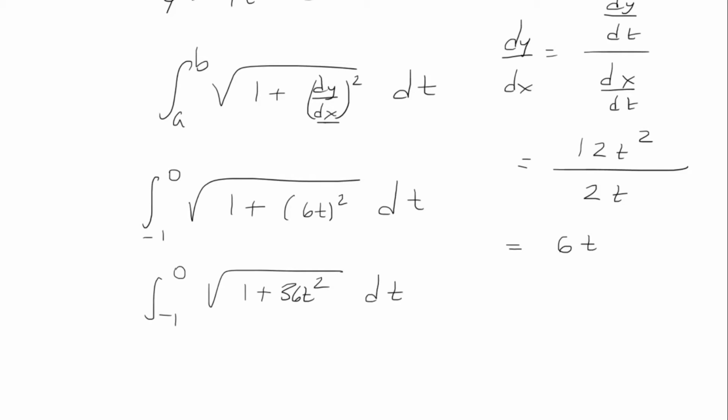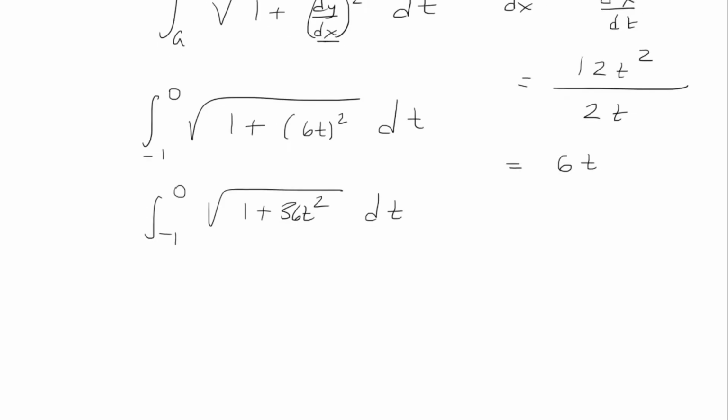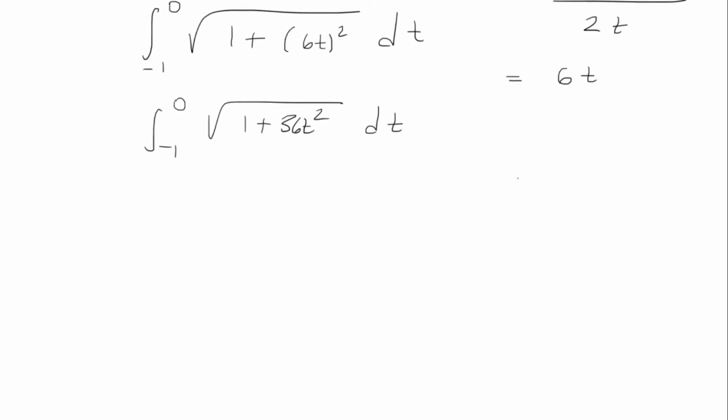And at this point, we have to evaluate this integral. It doesn't look pretty, but we have to use trig substitution. So we'll let t equal 1/6 tangent theta. So then dt is 1/6 secant squared theta d theta.